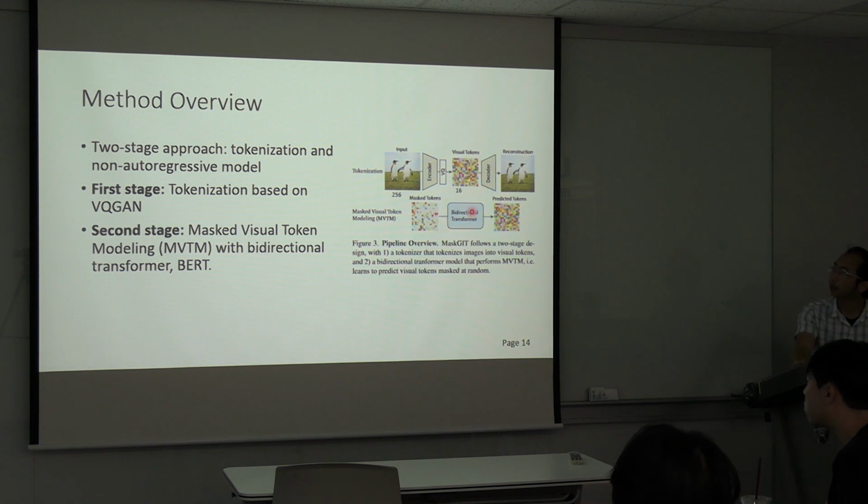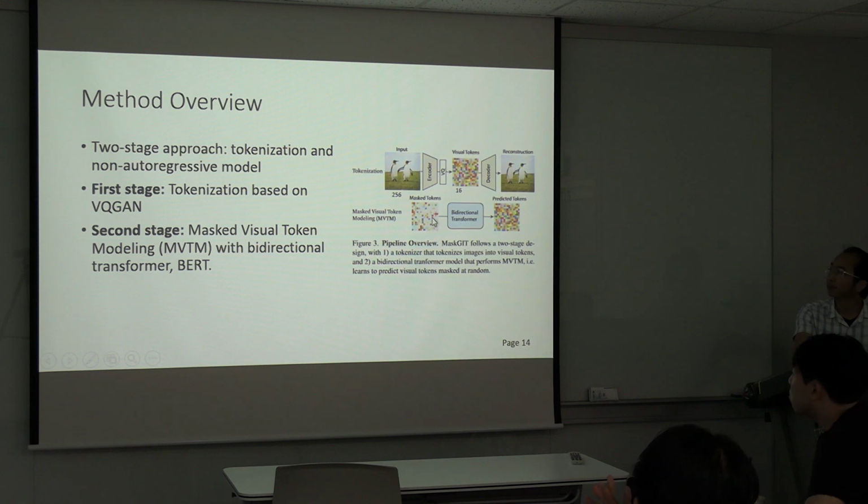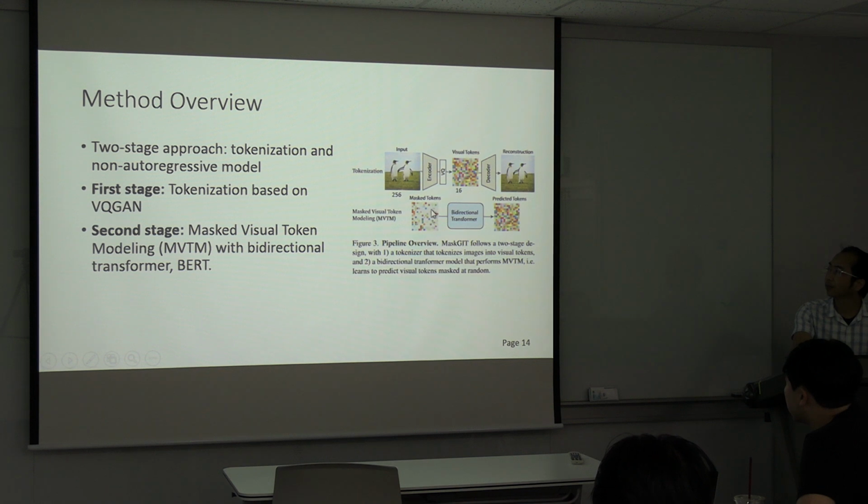Here, I would explain that you have some mask tokens, right? And then you go inside the bidirectional transformer, and then somehow you try to recover the predicted tokens. So where do the mask tokens come from, where do the predicted tokens come from, and how can we train that using a bidirectional transformer?